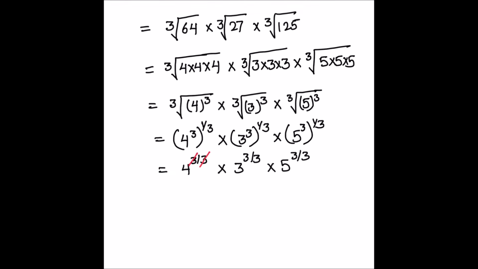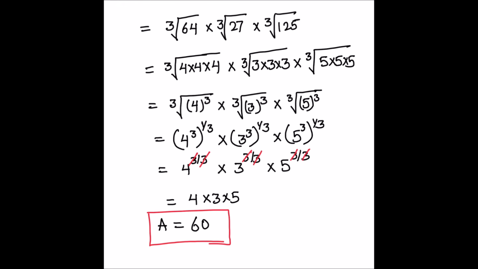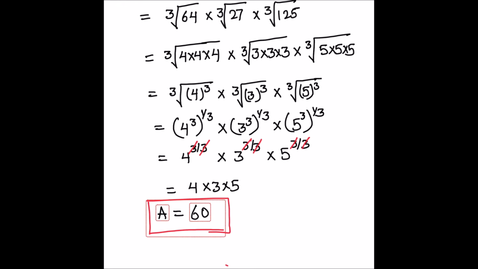All these will get cancelled and we'll be left with 4 times 3 times 5, and 4 times 3 is 12, 12 times 5 is 60. So our answer will be 60. So this is how we evaluate a big expression by breaking it into smaller cubes. So this is our final answer for question number 6.